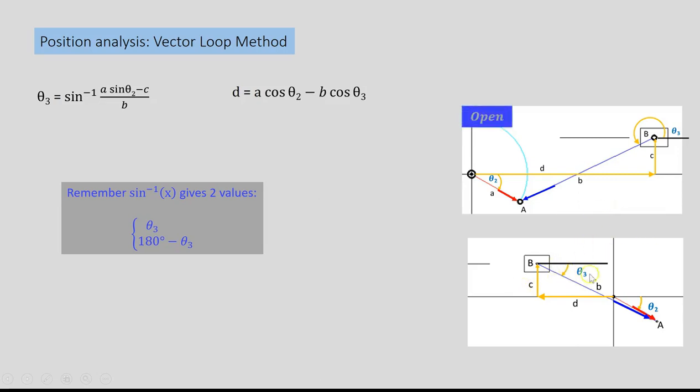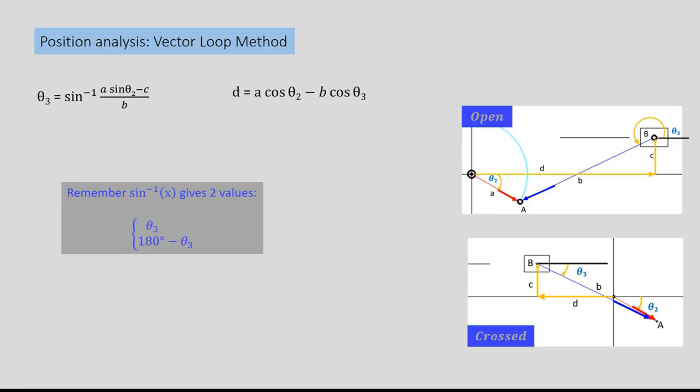When the slider is in the opposite direction, that means when it is in towards negative x-axis or left side of the y-axis, that configuration we consider as cross configuration.